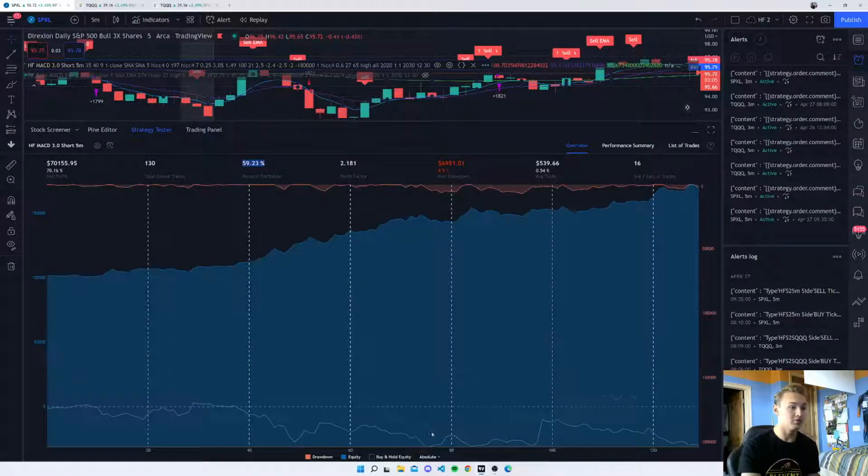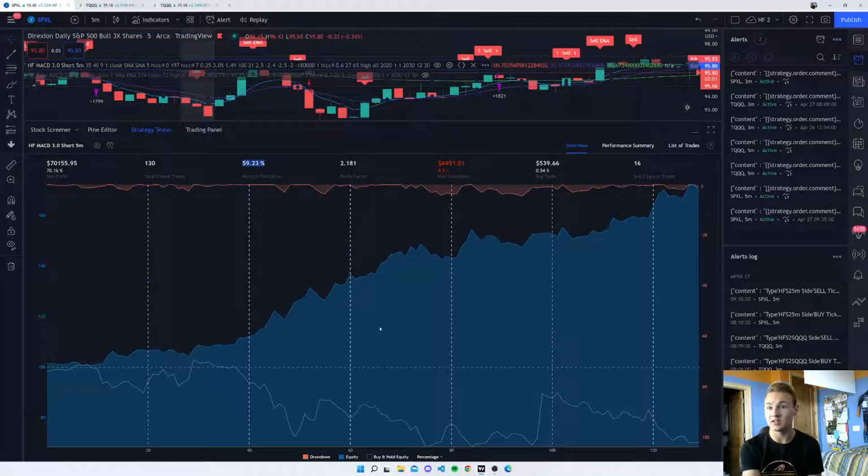I recommend you set this on percentage and not absolute, because if it's on percentage, it accounts for the different prices and the different amounts of money you put in. Say you have $10,000 in an account and then you put in another 5,000.